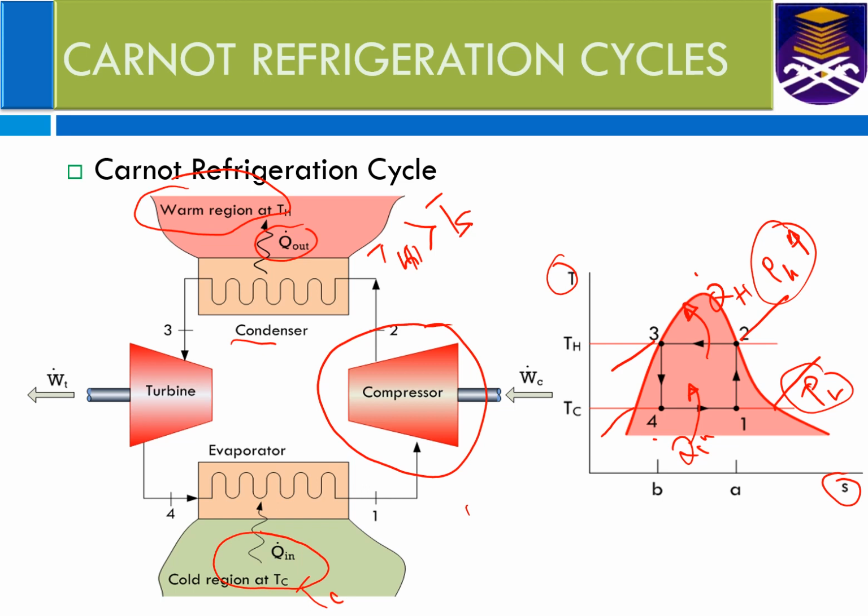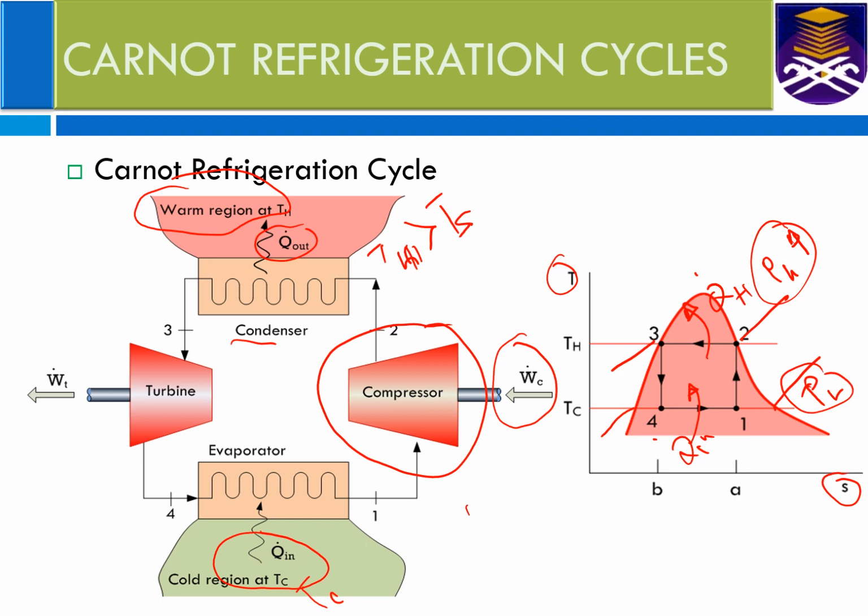The compressor requires an external input power, W dot C, which is the process from state 1 to state 2.